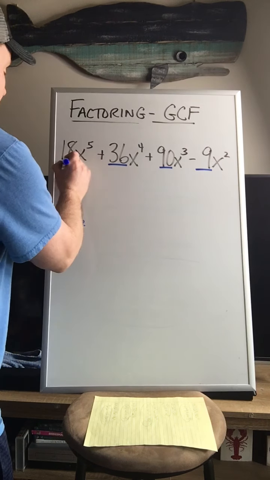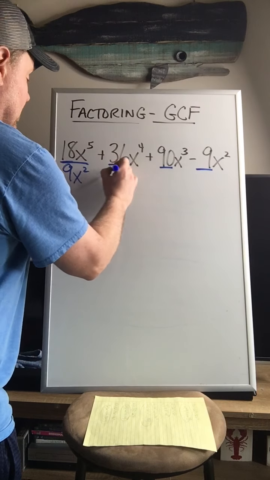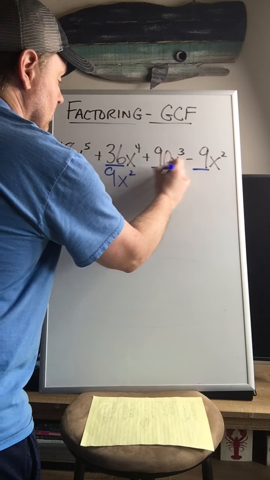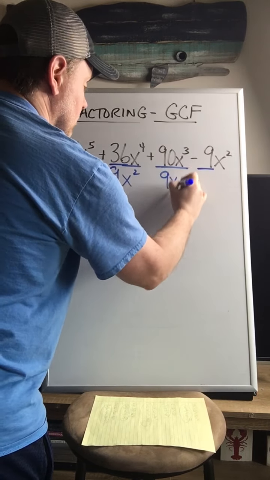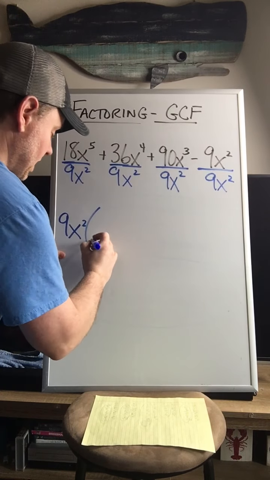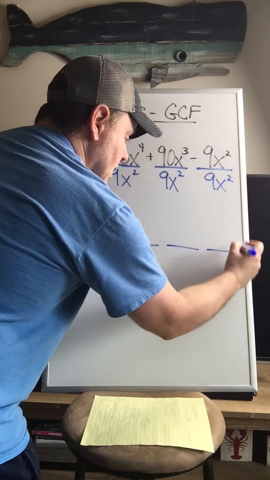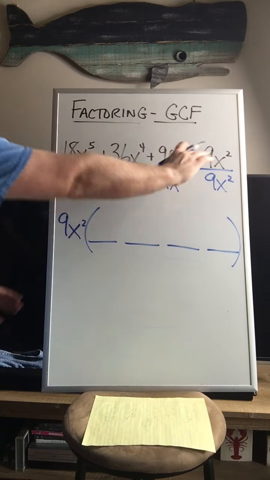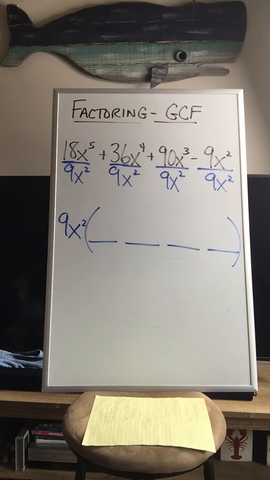So now you're going to divide each of these by 9x to the 2nd. And you're going to get your remaining polynomial, which is going to be 4 terms because there's 4 terms that we started with.